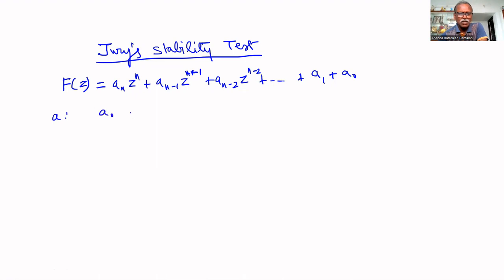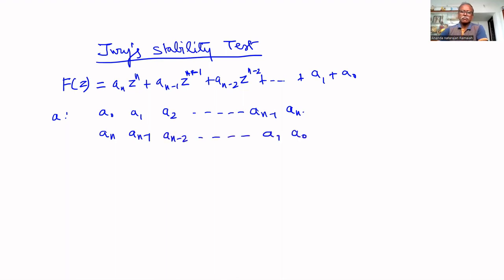A0, A1, A2, etc., An minus 1, An. And we reverse it for the second row: An, An minus 1, An minus 2, etc., A1, A0.